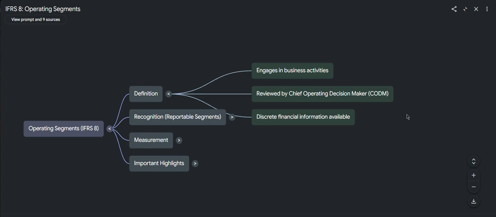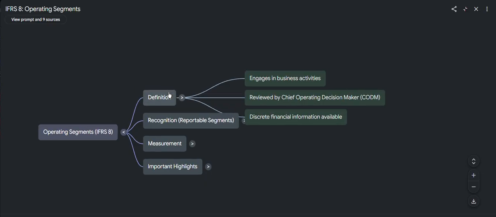Another thing to note is that there must be available discrete financial information. Discrete meaning it's capable of being separate, or there must be separate financial information.